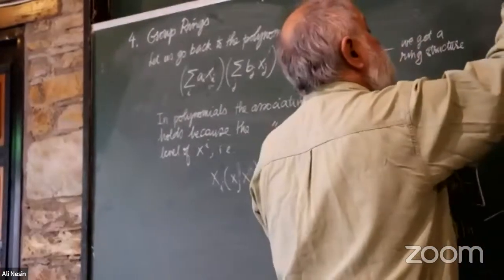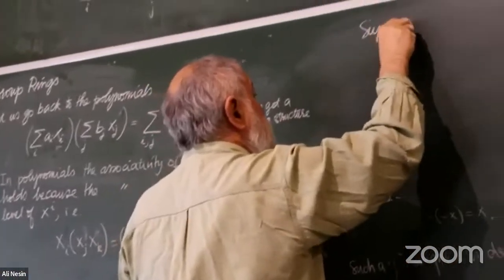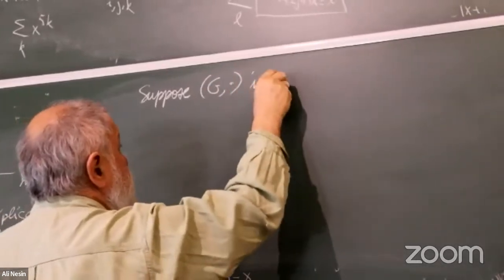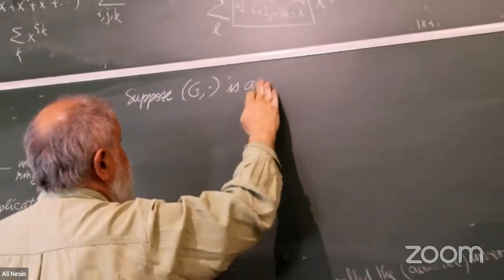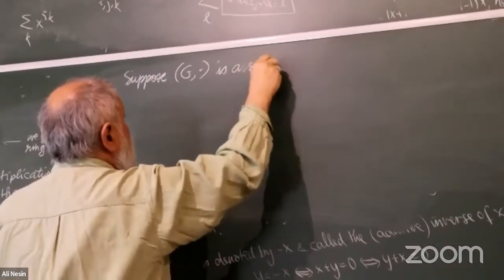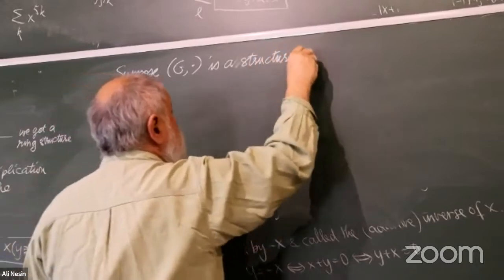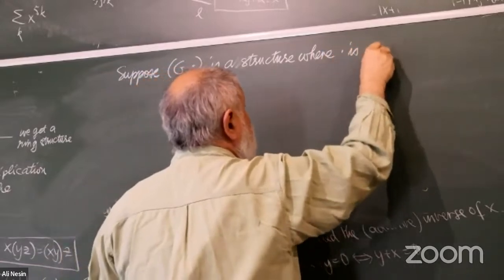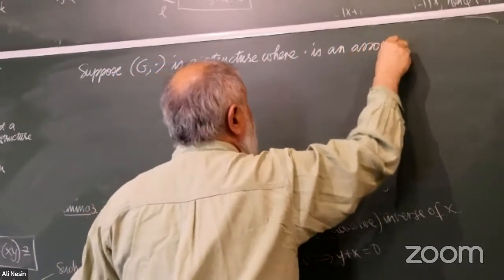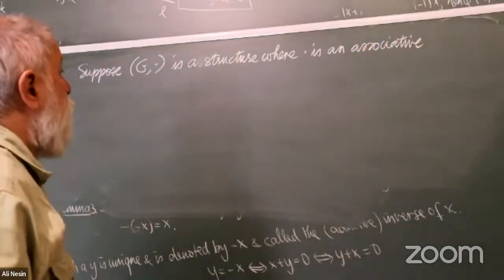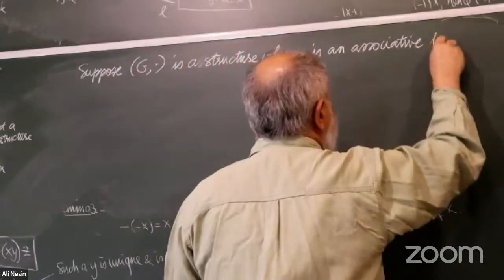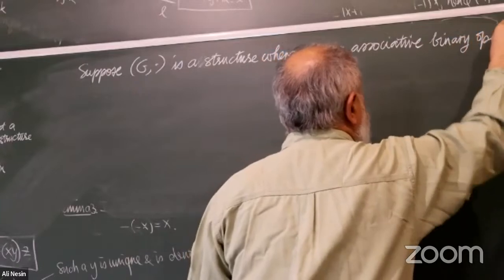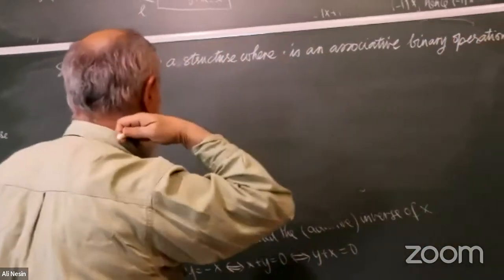Suppose G is a structure where multiplication is an associative operation, binary operation, together with one, say.